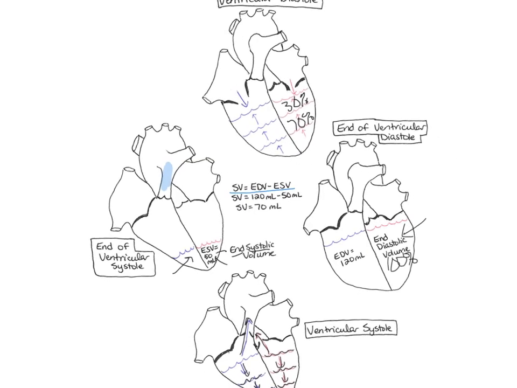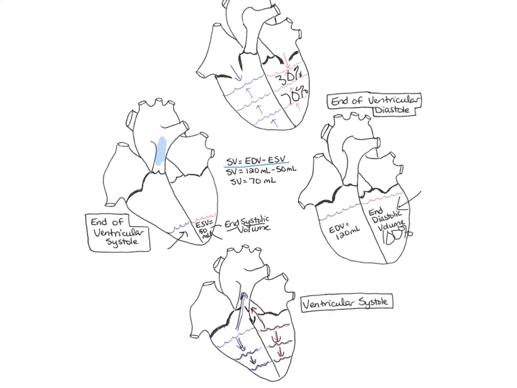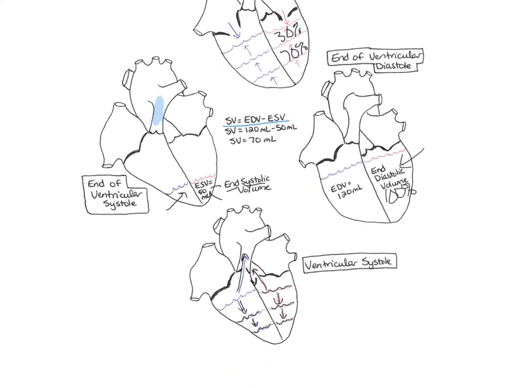Okay? So if we looked at normals, if we look at an example here, here we see that the end diastolic volume is about 120 milliliters. That's how much blood is in those ventricles right before they contract, 120 mils of blood.